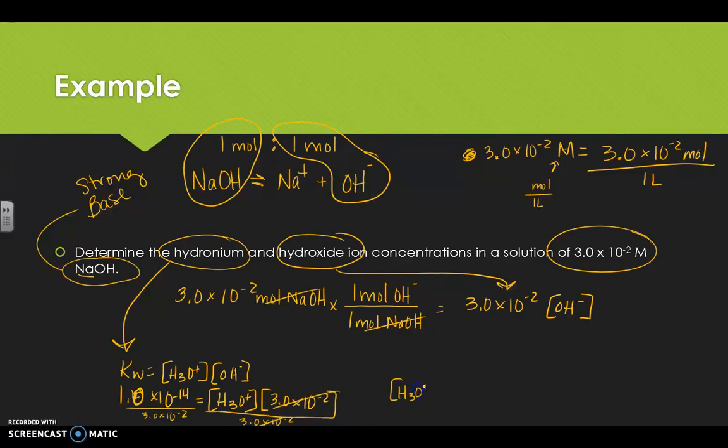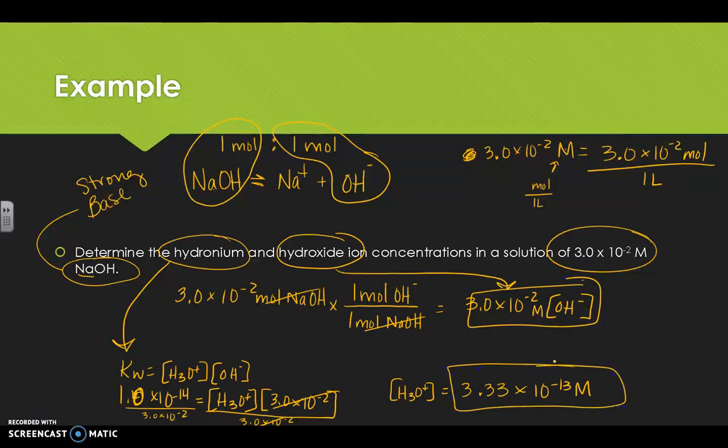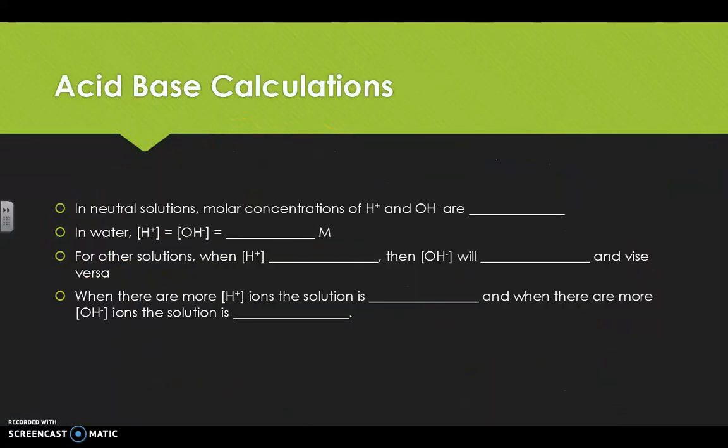So my hydronium ion concentration is equal to, the calculator tells me, 3.33 times 10 to the negative 13th. And remember, it's a concentration, so we need to have our units for concentration in there. So there's the answer for one, and there's the answer for the other. All right. And you can use that anytime you need to know concentrations.